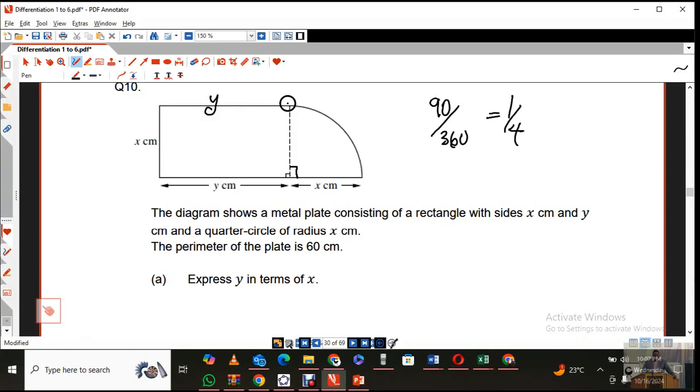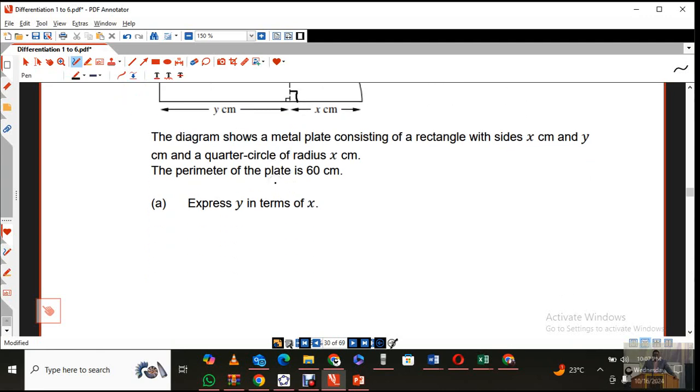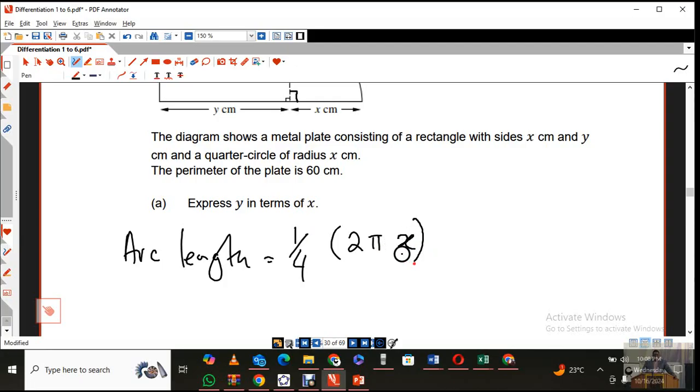Now that distance is an arc length, and the formula to calculate an arc length is a quarter of a circle, or 90 over 360, times the circumference, because an arc is part of circumference, and I'm using x because the radius is x.